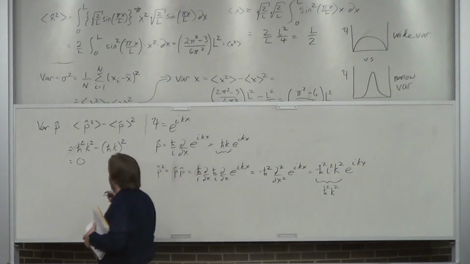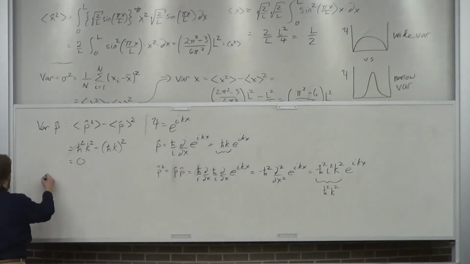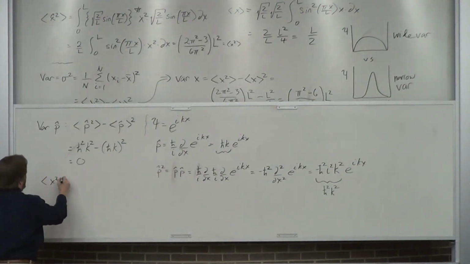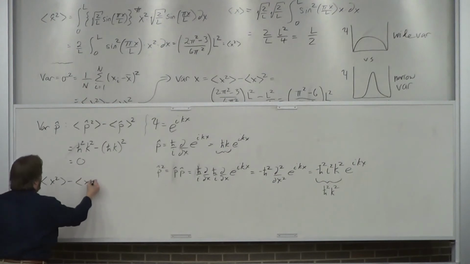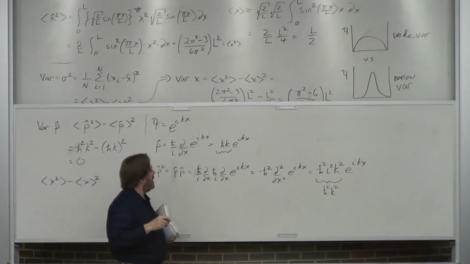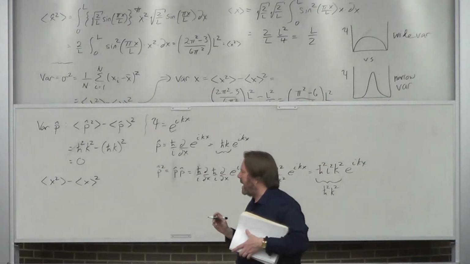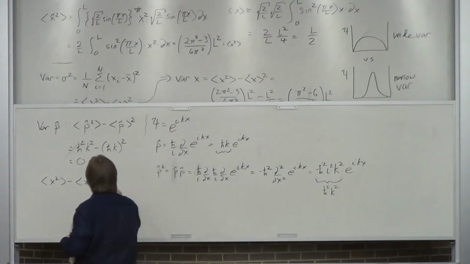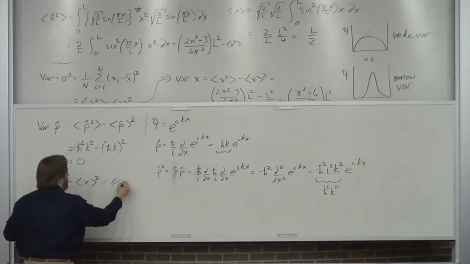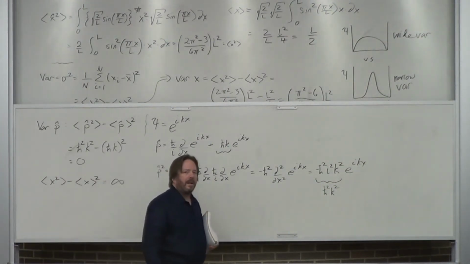All right, now, tell you what, if we were to calculate this for position with e to the ikx, it's a little bit harder, and I'm going to have to do this the expectation value way. But I can already tell you, heads up, it'd be infinity.